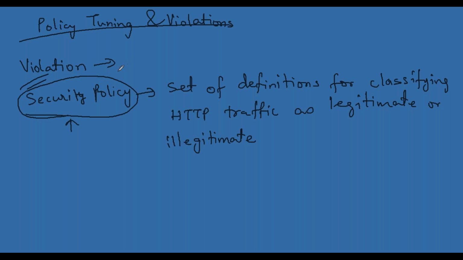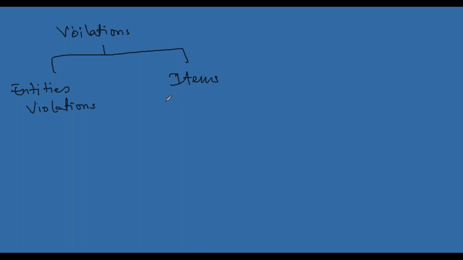So ASM basically categorizes the violations in two different manners. One is your entities violations or your items violations.